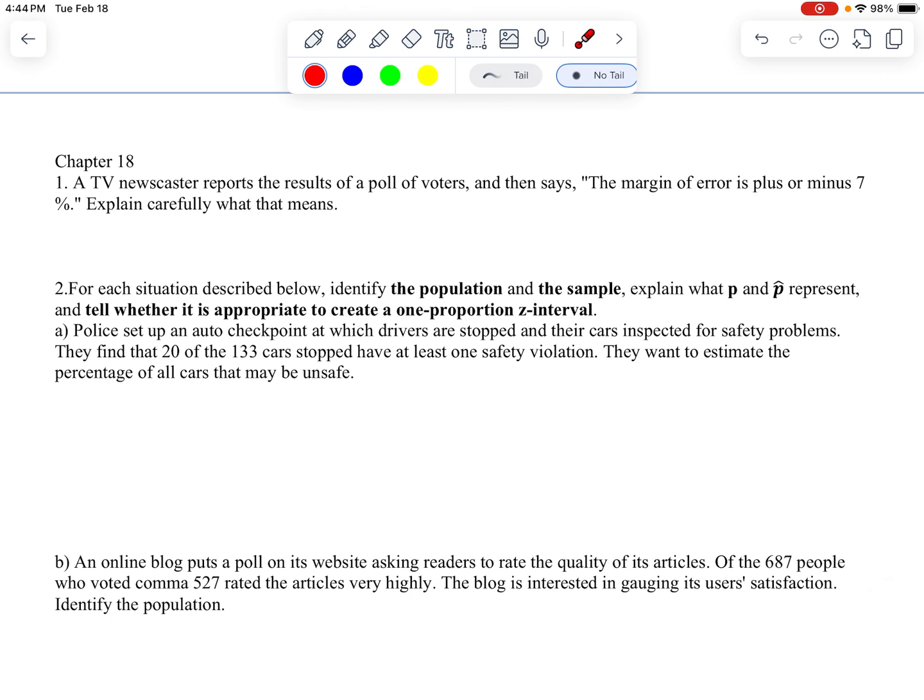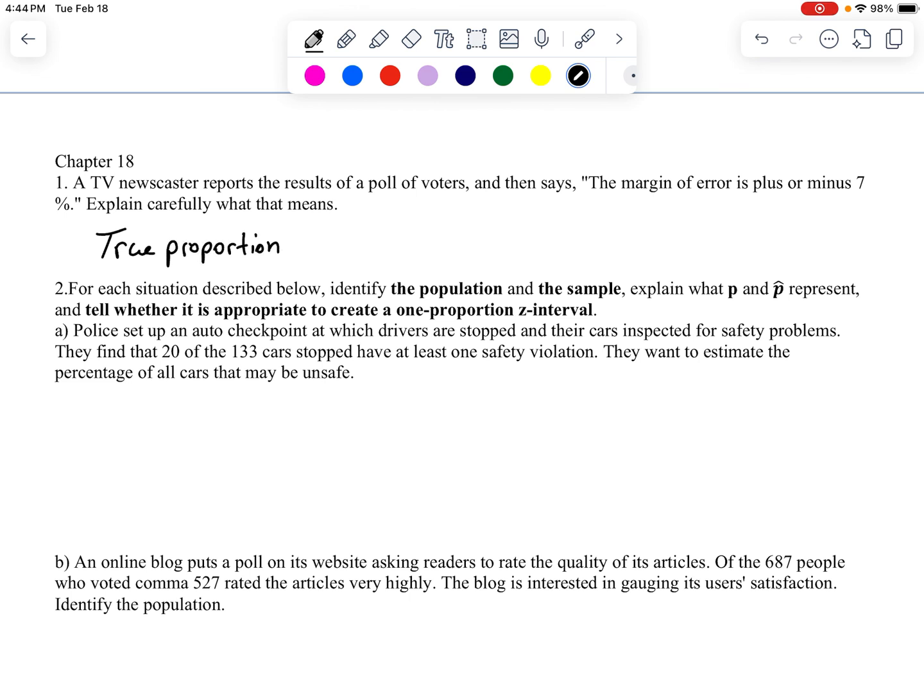So here we go. A TV newscaster reports the results of a poll of voters and says the margin of error is plus or minus 7%. Explain carefully what that means. In a confidence interval, we are trying to estimate the true proportion.